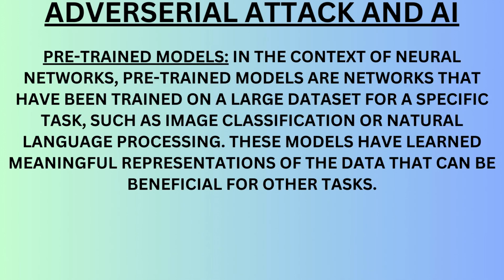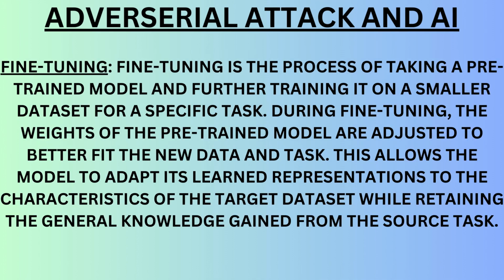Pre-trained models. In the context of neural networks, pre-trained models are networks that have been trained on a large dataset for a specific task, such as image classification or natural language processing. These models have learned meaningful representations of the data that can be beneficial for other tasks. Fine-tuning.